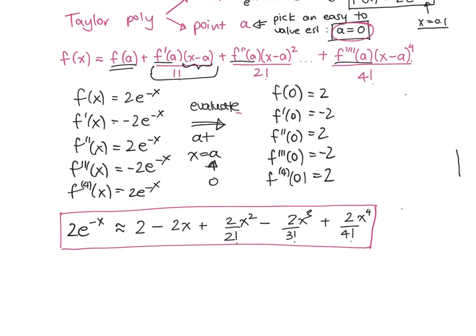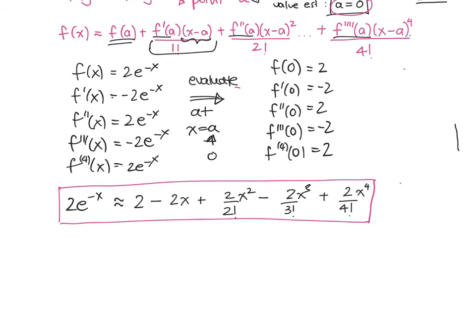So now we can use this approximation to find an approximation for 2e to the minus 0.1 by substituting x equals 0.1 into our Taylor polynomial.